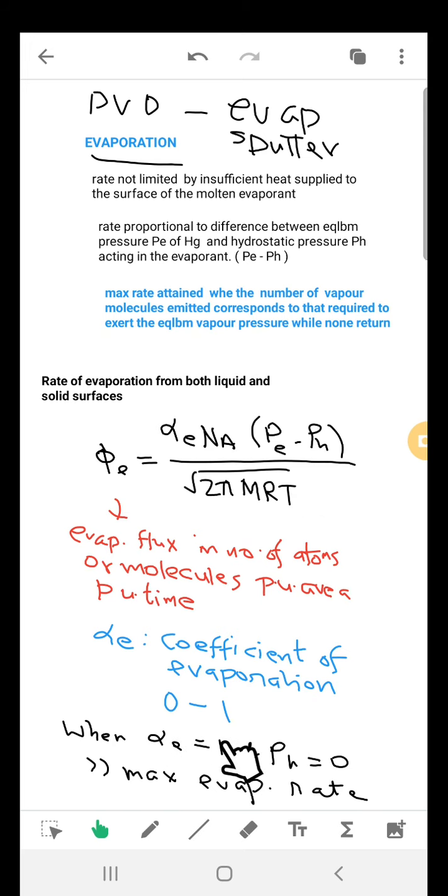When the evaporation coefficient alpha is equal to 1 and Ph is equal to 0, only then will we get the maximum evaporation rate.